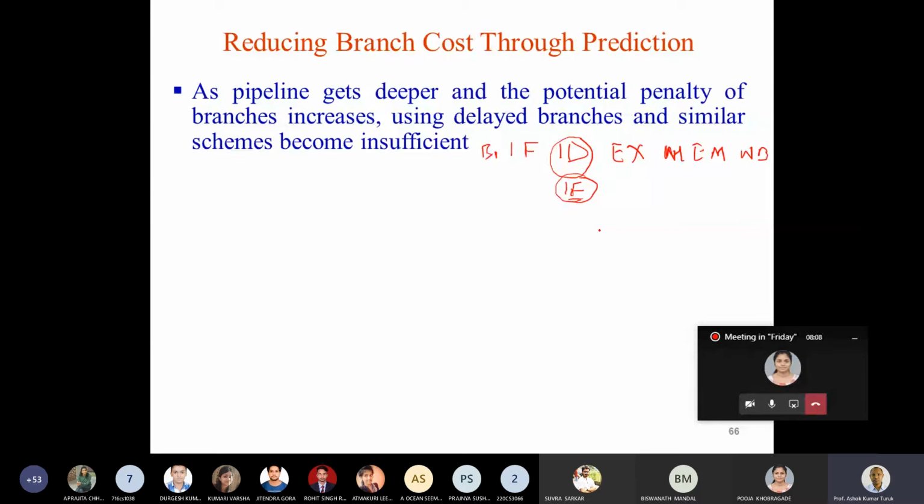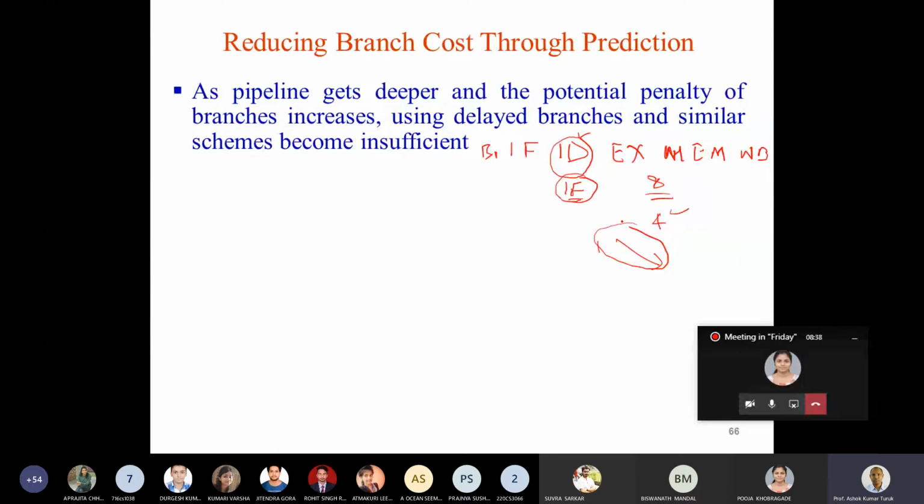Now imagine the pipeline is much deeper. Let's take some 8-stage pipeline, and the branch, instead of being resolved in the second stage, is resolved in the 4th stage. Then there will be at least 3 instructions already in the pipeline, and these 3 instructions have to be converted into no operation.